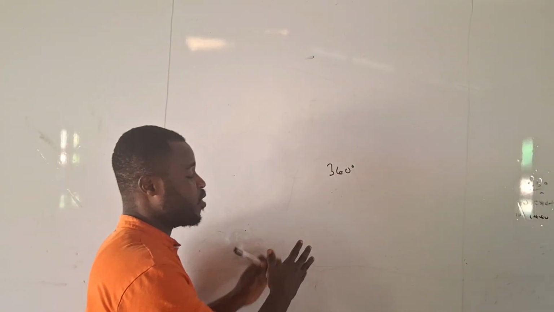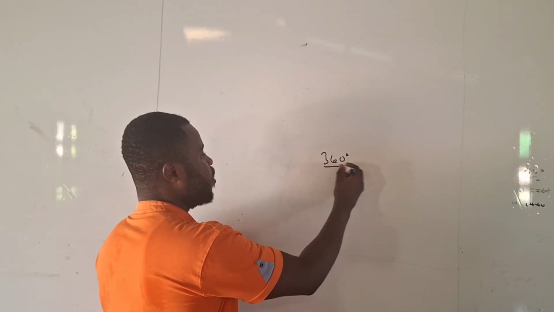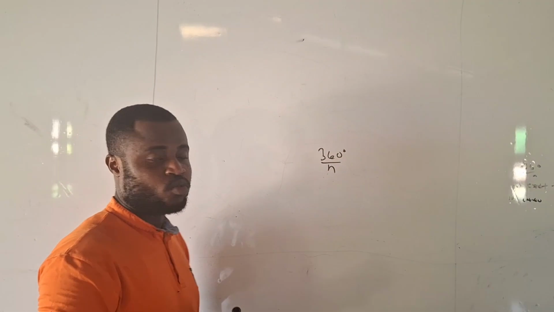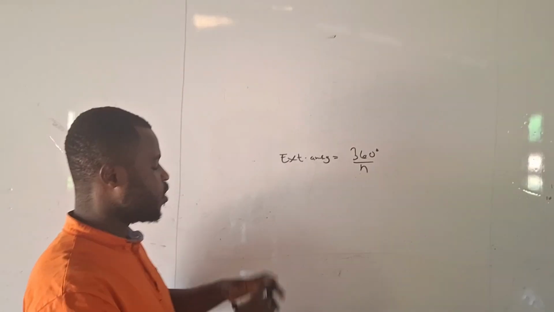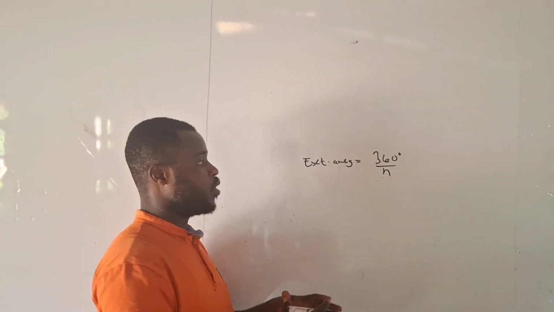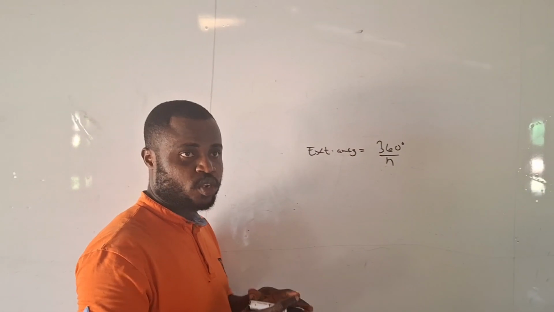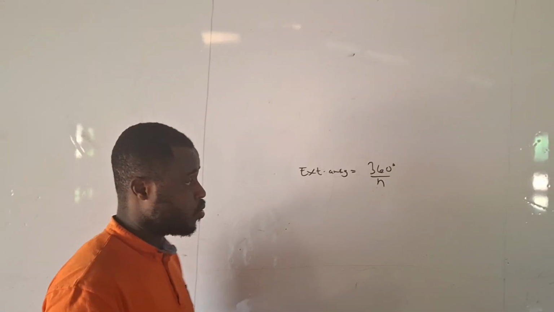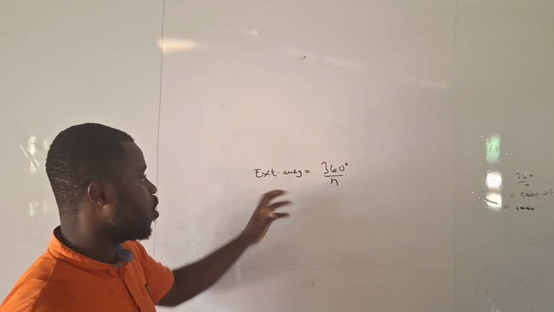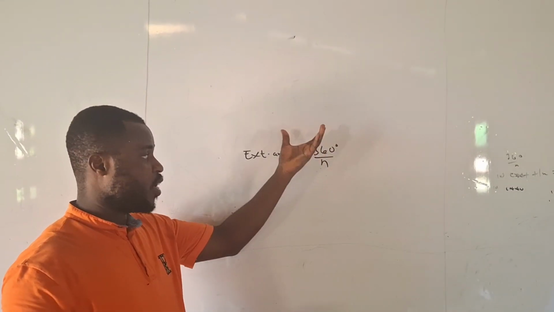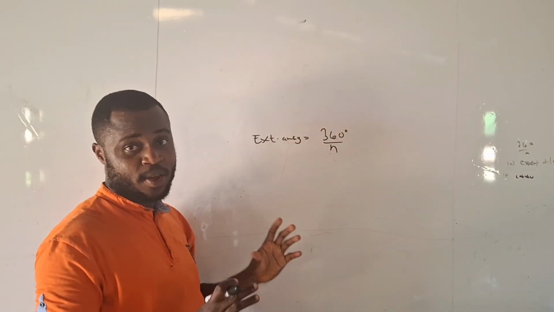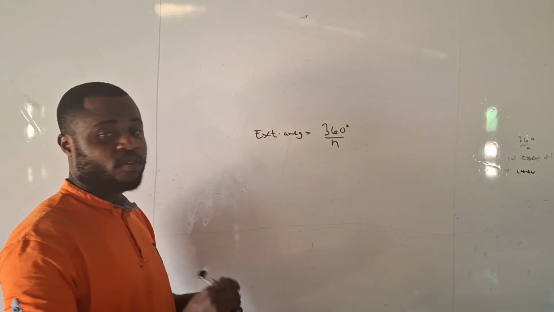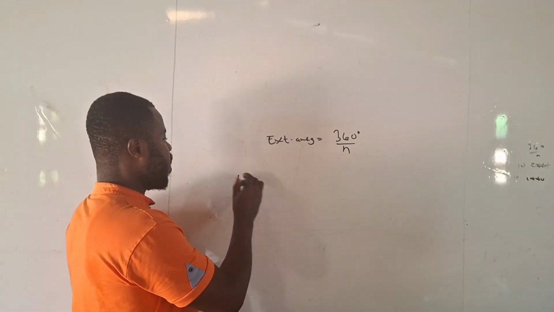So if the question says find the exterior angle, just divide 360 by the number of sides to get each exterior angle. If it's interior angle, you should know they are talking about each interior angle. If it's exterior angle, they are talking about each exterior angle. So if they ask you to find the exterior angle of a polygon, just divide the number 360 by the number of sides.